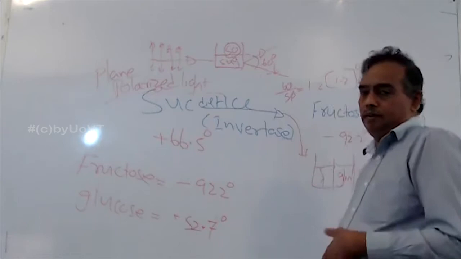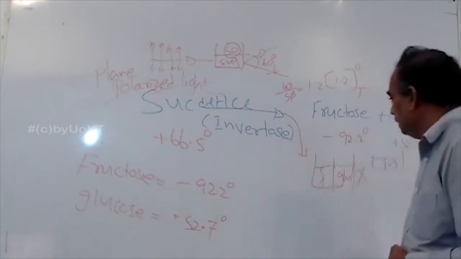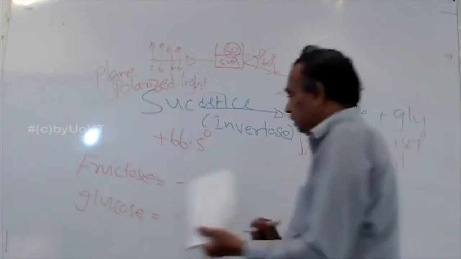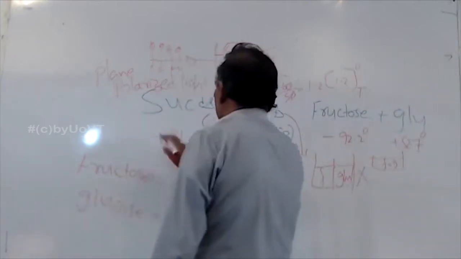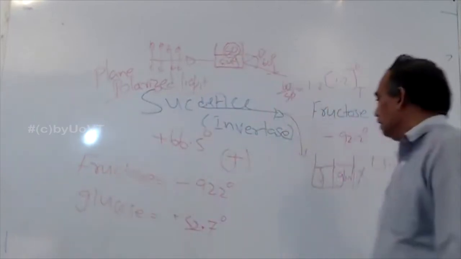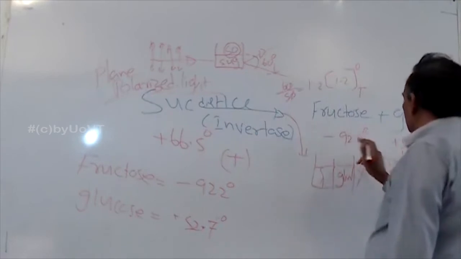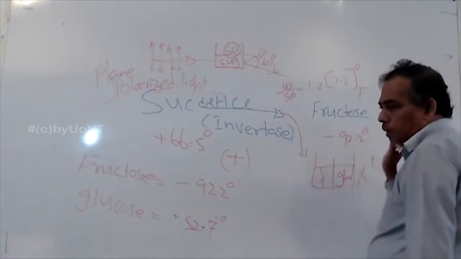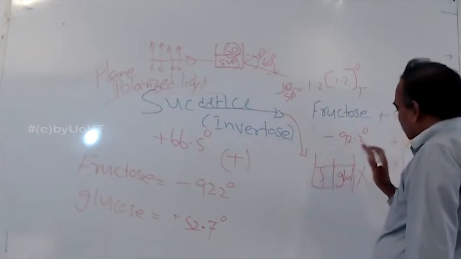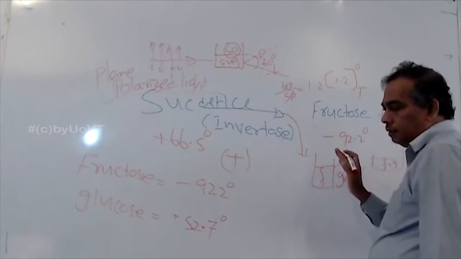This is a very simple negative and positive calculation. This side is positive because of plus 66. But on the other side of the equation, plus 52 minus 92. Forget about the 0.2 and 0.7. Plus 52 minus 92, what is the answer?